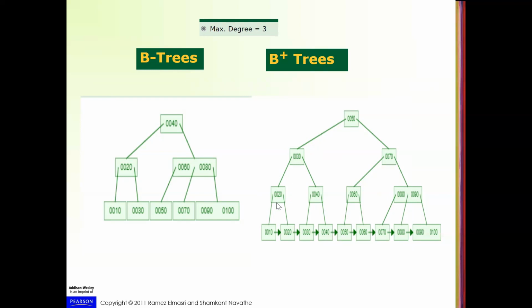This internal node is a parent of elements 10 and 20. If you see here, the left child is lesser than the parent, but the right child is equal to the parent. Why? Because we have to store this pointer inside the leaf node.